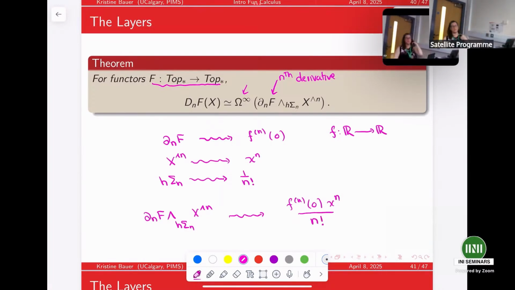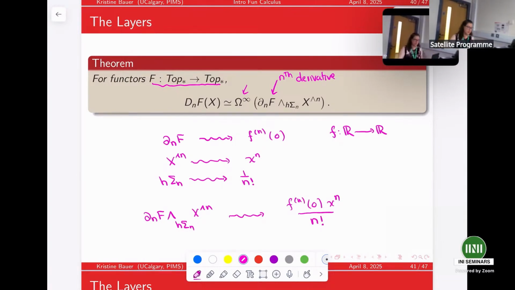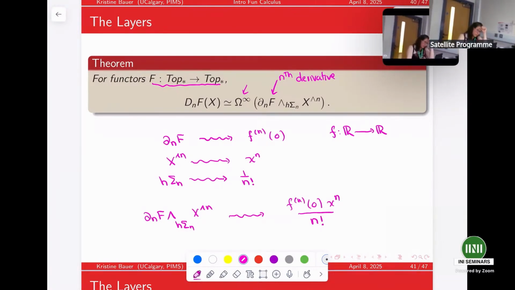The fact that there is this resemblance between these two is the reason that we call this the Taylor tower.